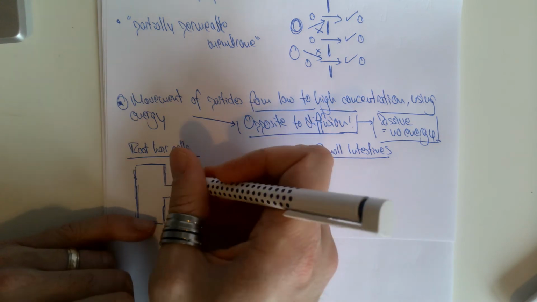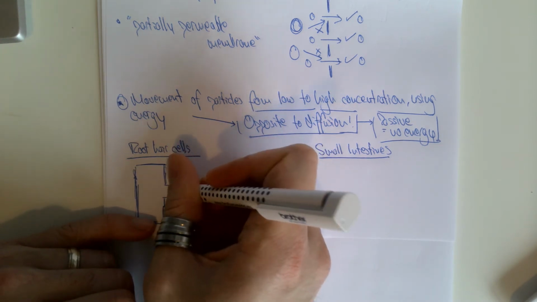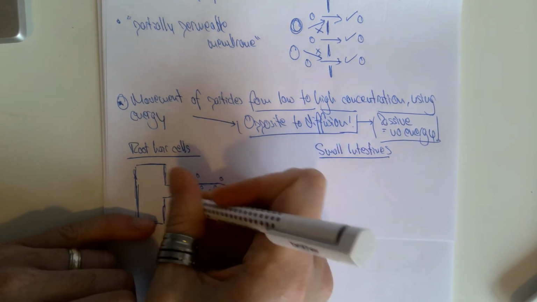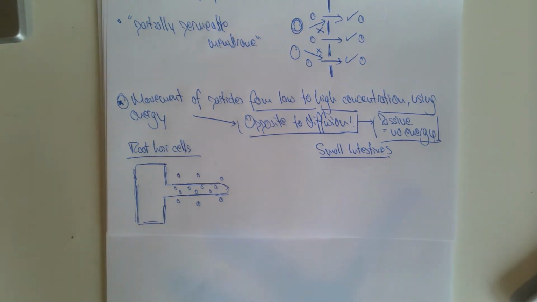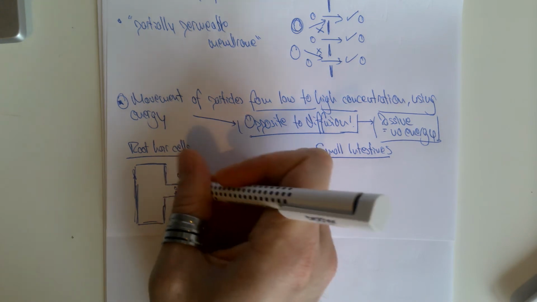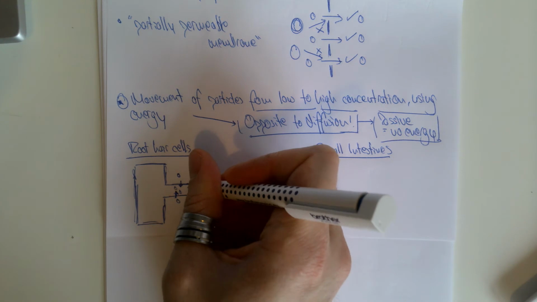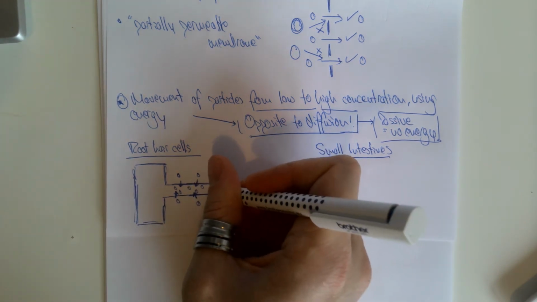Now, what that means is that substances don't have very far to travel, and that there are lots of surfaces across which they can move.